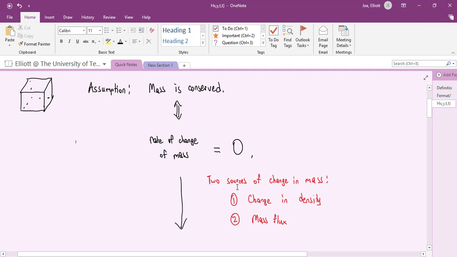And then another source of change in mass is the mass flux, which just means how much mass is entering the cube, say from the fluid flowing into it, and also how much mass might be leaving the cube from fluid flowing out of it. So the mass flux is the net amount of mass that's coming in or out. Okay.